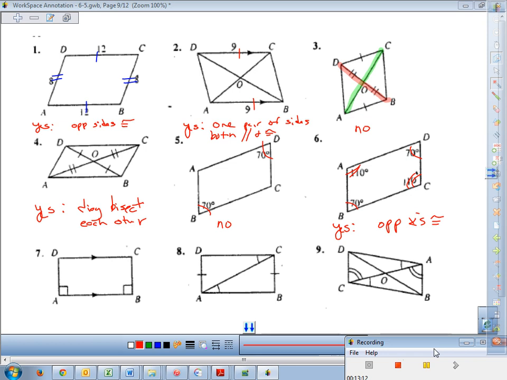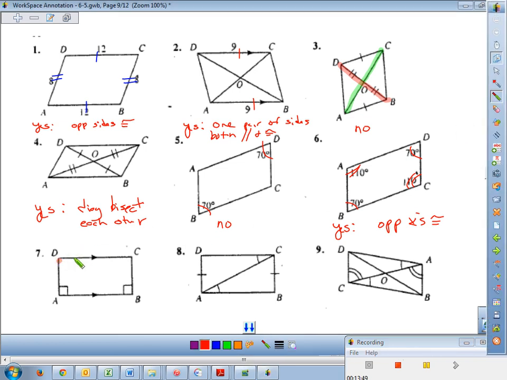Which one do you think is more important in the situation? It depends on where you want to go with it, because you can use those right angle boxes to prove some other stuff, right? But parallel lines is probably pretty comfortable for us. How do they help us? What does that mean? Do we have 2 pairs of parallel sides, yes or no? No, there's just 1 right there. So how does that help us?